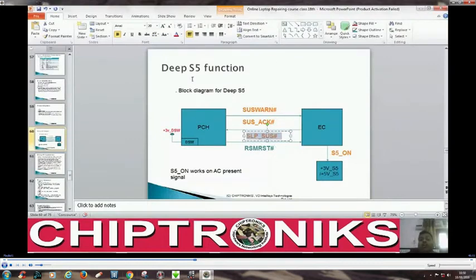So in the board where the deep S5 function is supported, that is, where SLP_SUS is connected with the EC, only when the EC gets SLP_SUS will it generate S5_ON.